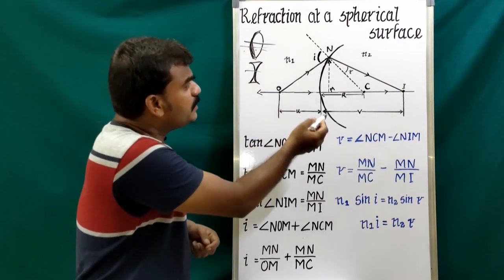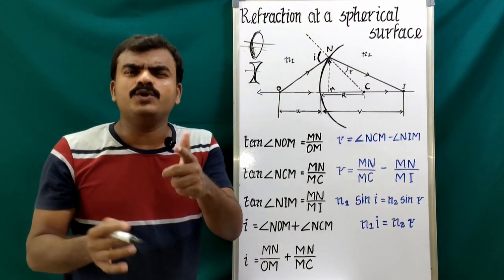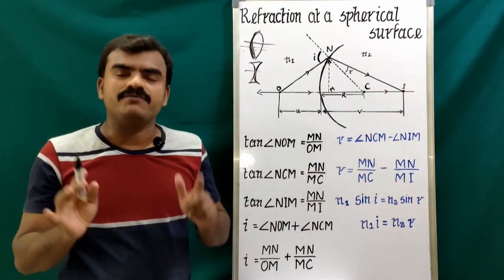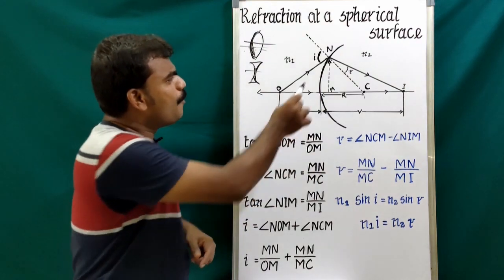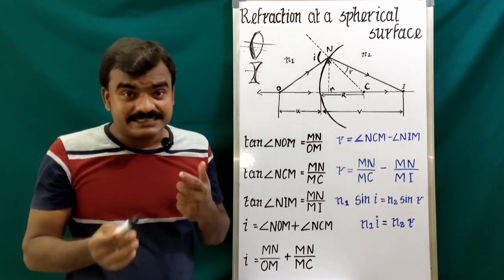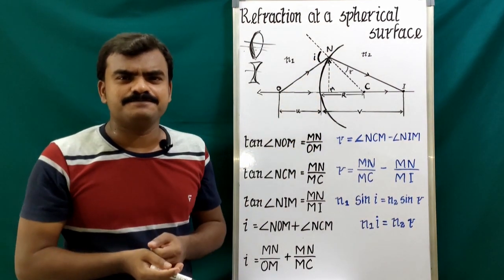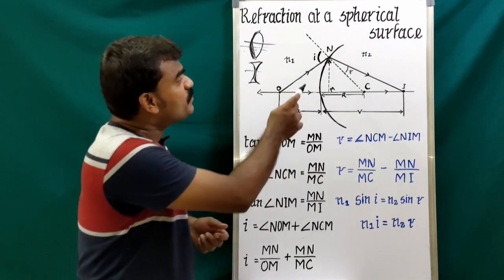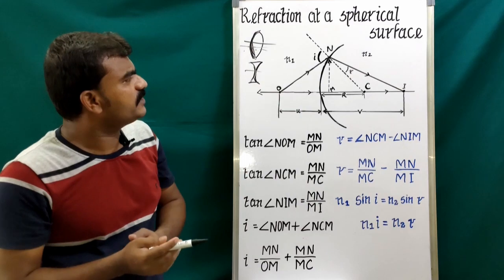And then here, why have we used a convex surface? Why don't we use a concave surface? We can. But in the NCERT book, they have given only a convex surface. That's why we have used a convex surface. And then I have to tell you, this is exactly a spherical surface.